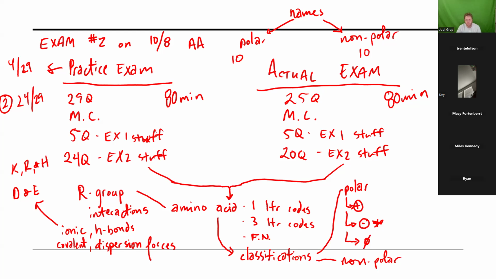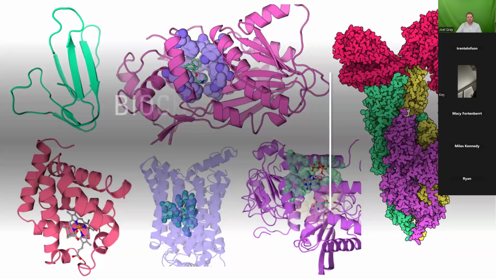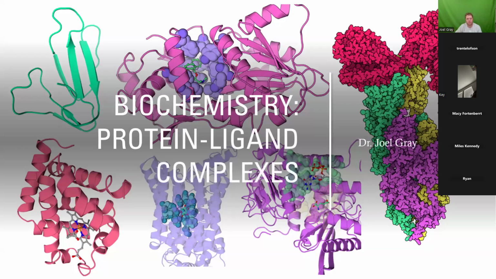Okay, well, I'm going to proceed because what we're talking about is within the field of biochemistry, and we're talking about protein ligand complexes. A protein is a big molecule made up of amino acids. We talked about our different levels of protein structure: primary, secondary, tertiary, and quaternary.